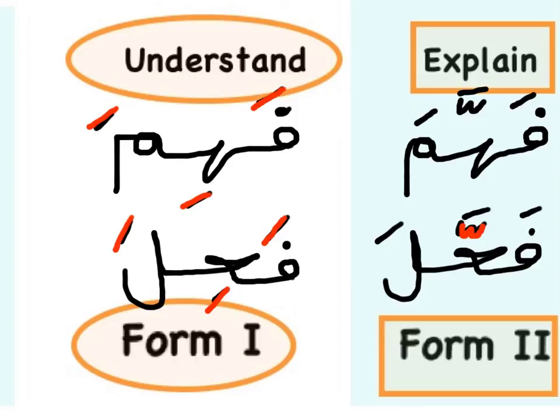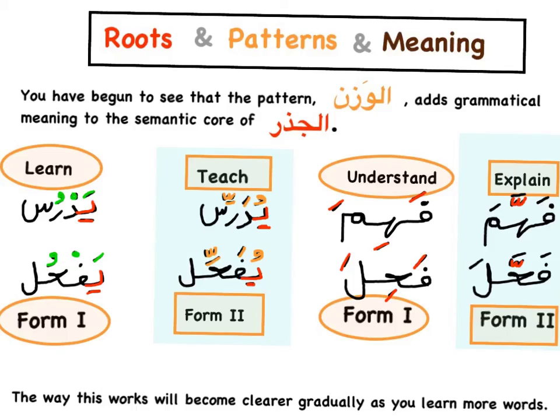Let me go over the shadda in red so you understand how important shadda is in form 2. So you see, pattern matters. Learn this because it dictates the meaning. It changes the actual meaning of the word, even slightly, but it does. So you go from understand to explain with one shadda. And the way this works will become clearer gradually as you learn more words.